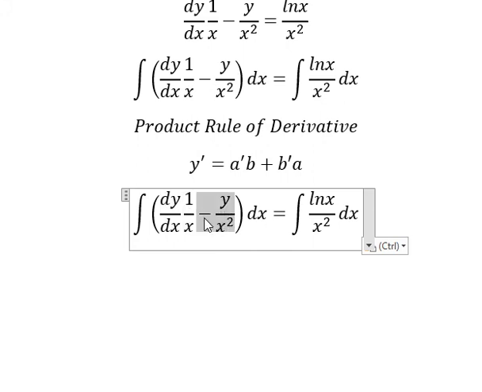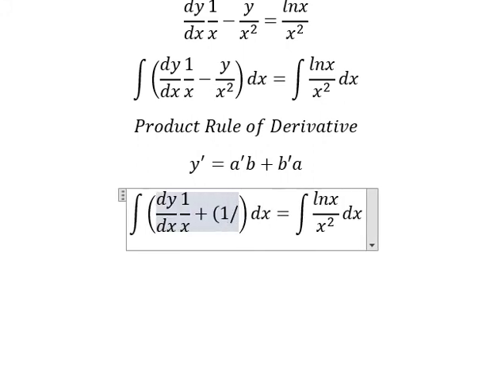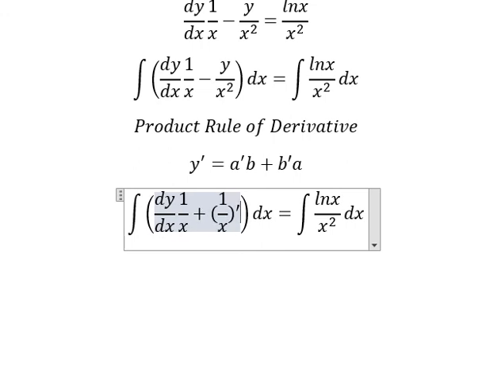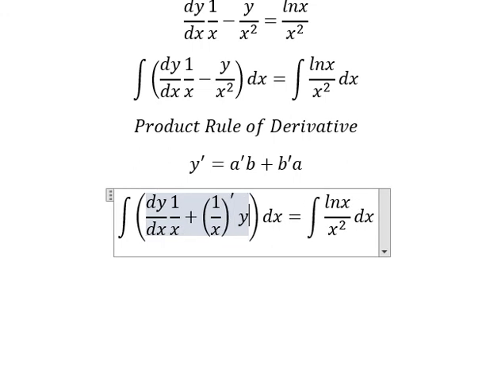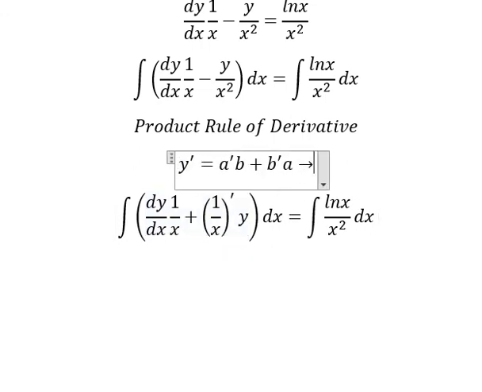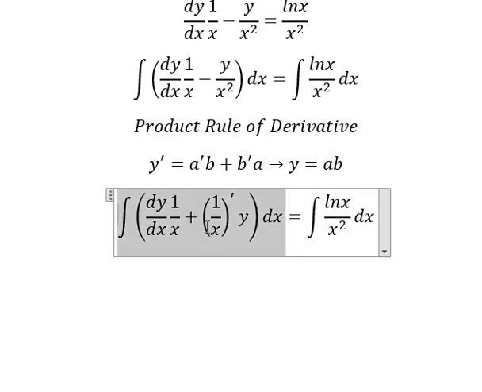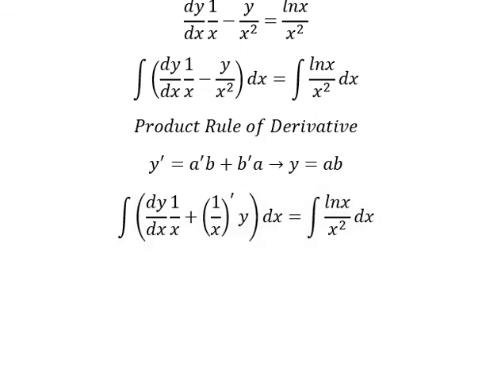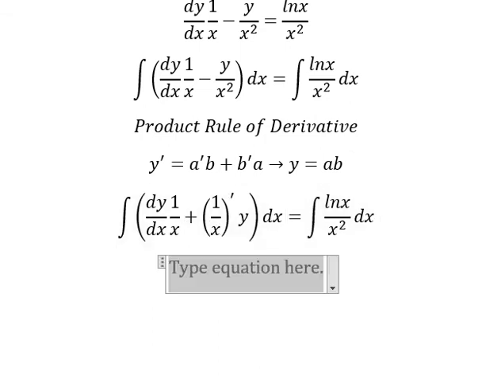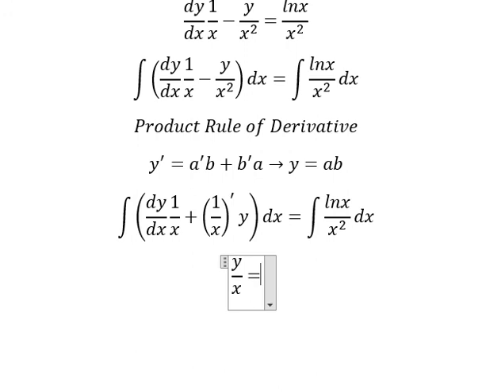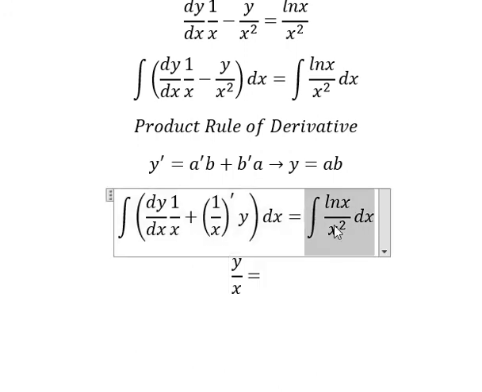This one is the first derivative of b multiplied by a. The integration of this one, we have y equals ab. So the integration of this one, we have y over x. Now we just concentrate on this one only.